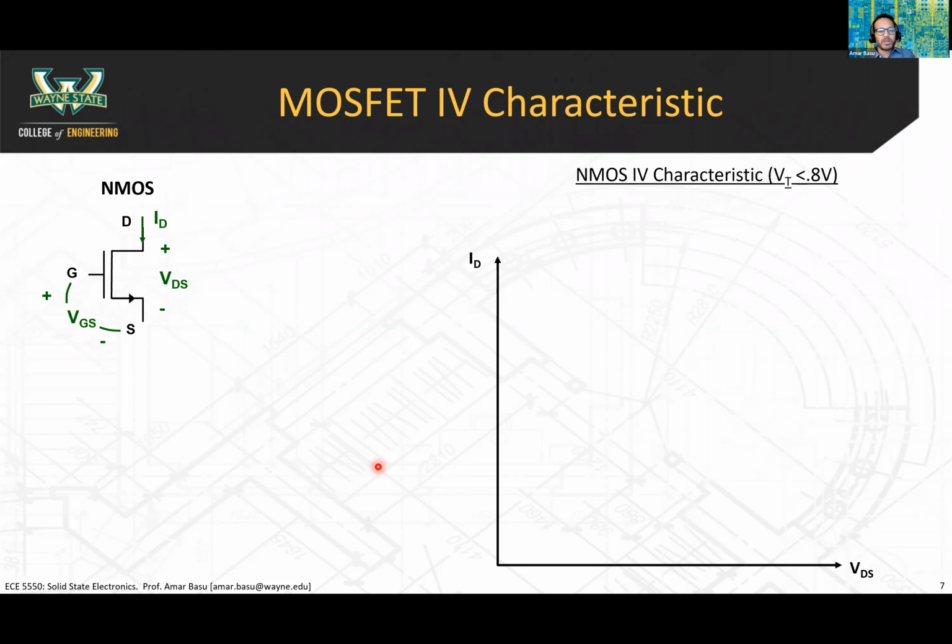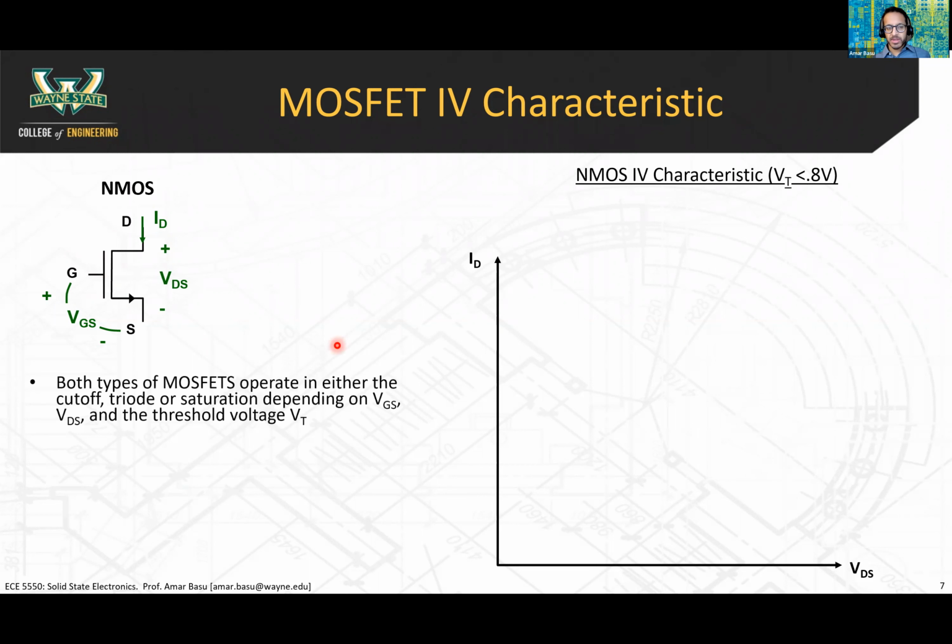First of all, when VGS is 0, the intuition here is that there's no gate voltage being applied, so this channel is off. We can just put an X through here. No current is going to flow in here. Channel is blocked. So the IV characteristic is going to look like this.